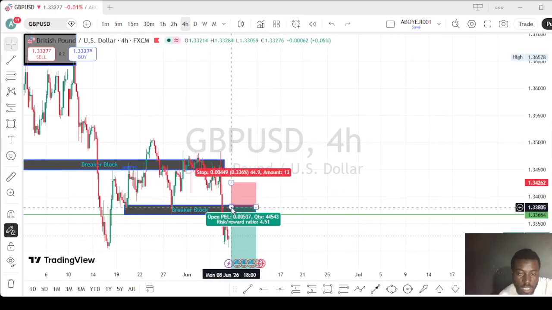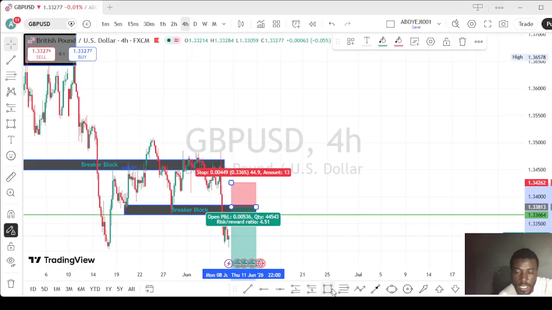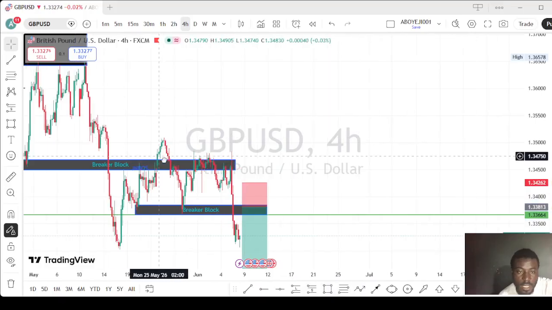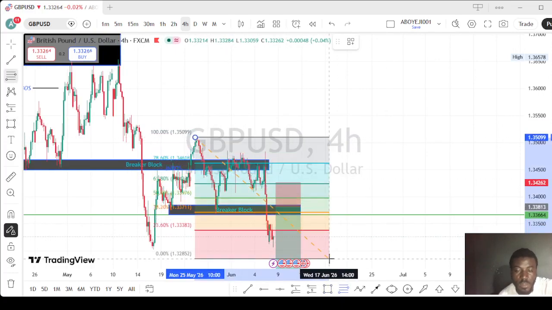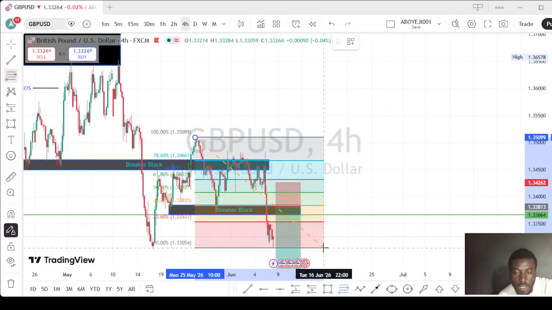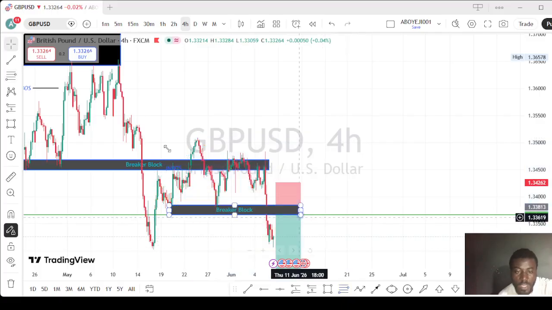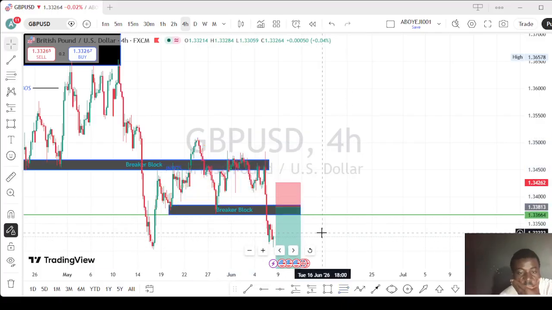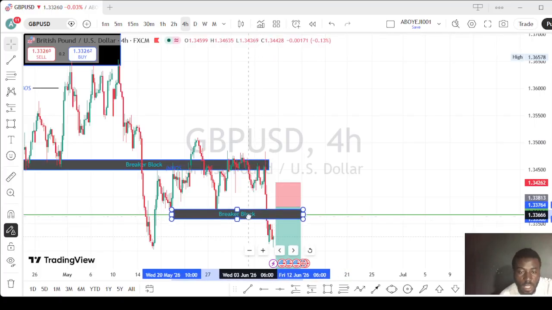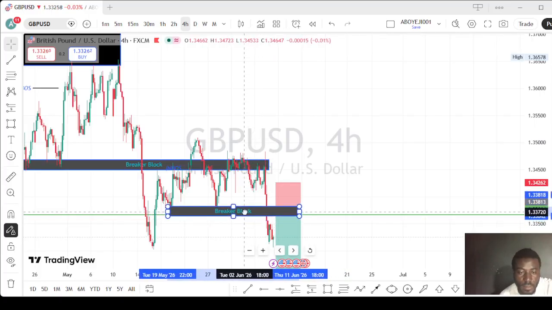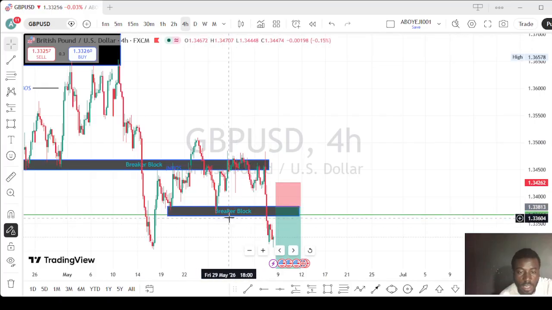So this is where the FVG is. Let's see how the Fibonacci retracement looks. So guys, be patient, seriously. If the market can retrace from this FVG here, and this is another breaker block here.